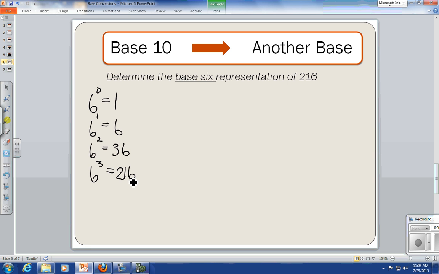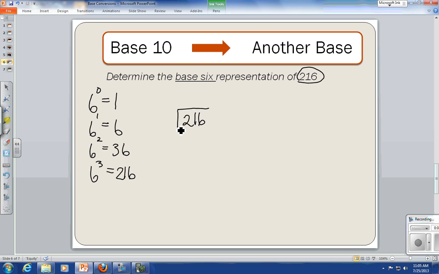Now, I want the highest power, so I would keep going higher if I had a number bigger than 216. But since they gave me the value of 216, I've already found the highest one that would divide into it.